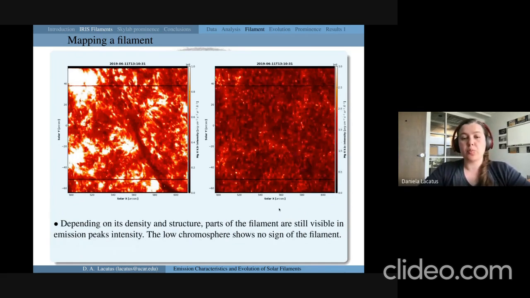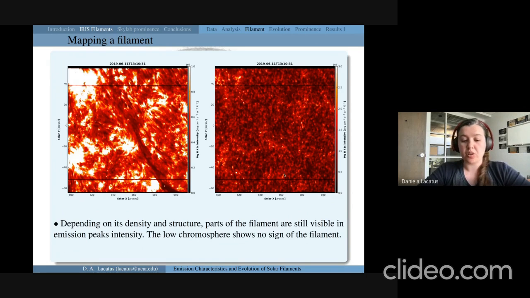You can also look at the intensities at the emission peak. So here on the left, I'm showing the intensity at the red emission peak. And here we can barely see some indication of the filament, but only a little bit.